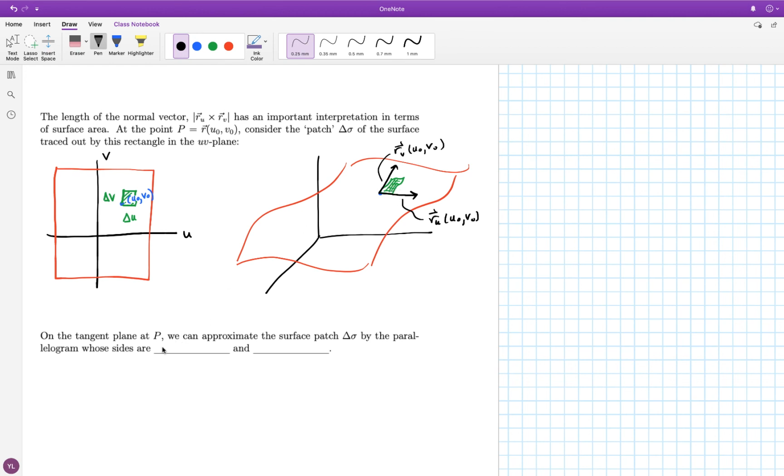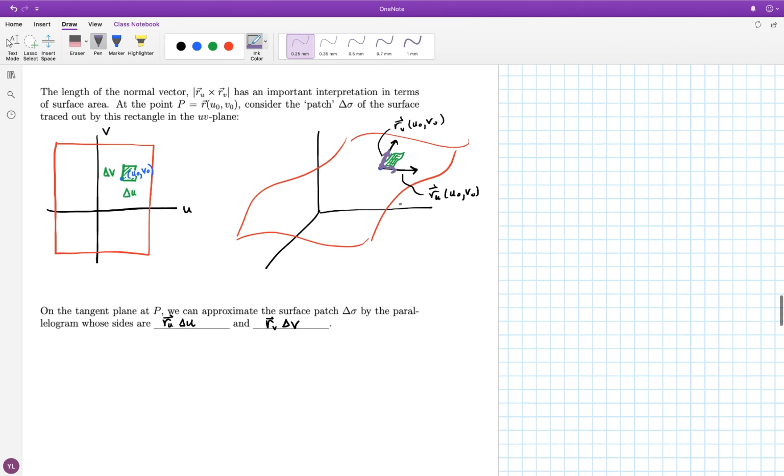So if I take ru at u naught, v naught, and I scale it by the appropriate length, in this case, I'm going to omit the inputs u naught, v naught, I scale it by delta u, then that is going to give me exactly the right length and direction of a side of a parallelogram that can approximate the green surface area. And then likewise with the rv vector, this here will give me an appropriate parallelogram.